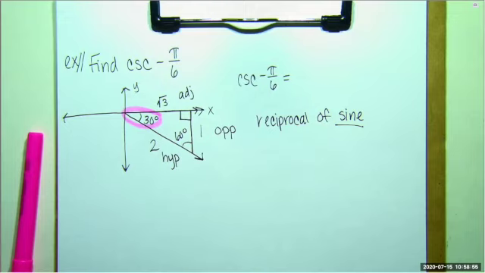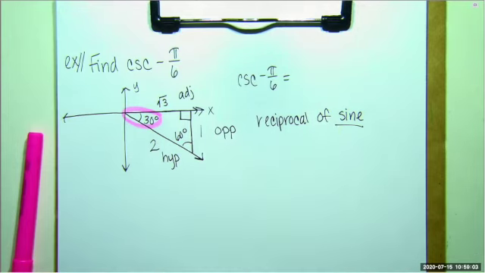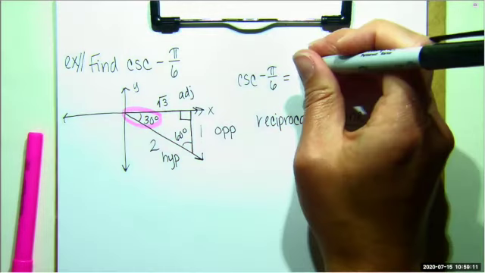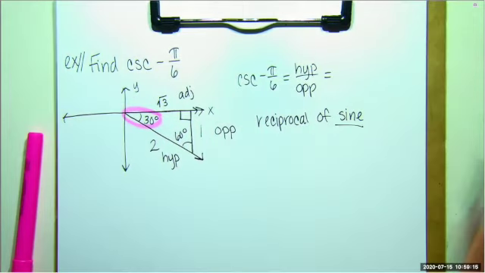The way I like to remember these is that the letters are backwards. The C goes with S, and then secant's the reciprocal of cosine. The C goes with S, so the letters are flipped. Okay, so now we think about SOHCAHTOA. SOHCAHTOA tells us sine is opposite over hypotenuse, which means that cosecant is hypotenuse over opposite.